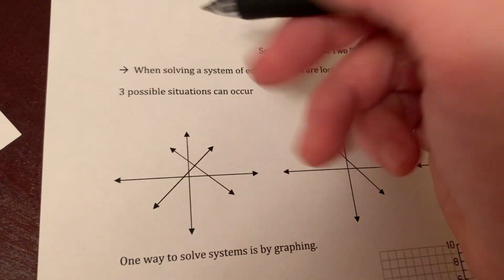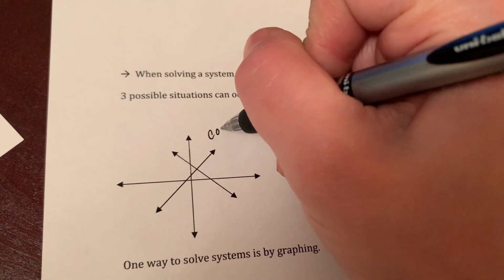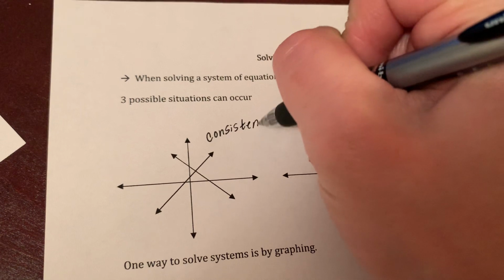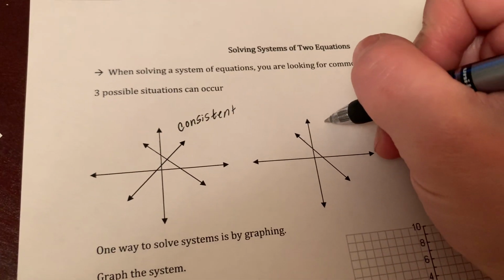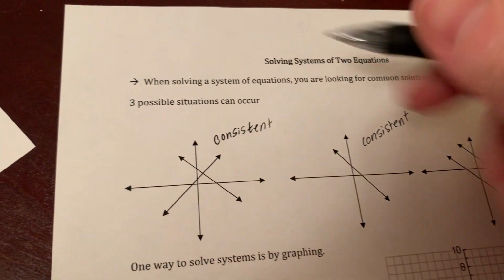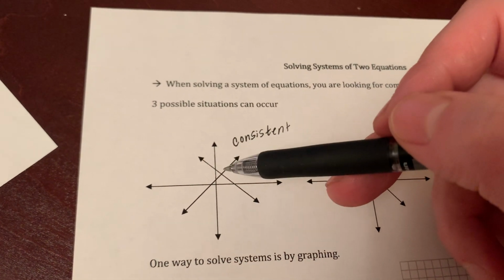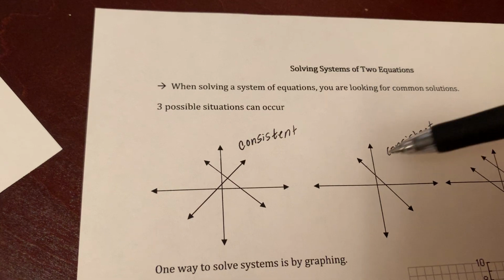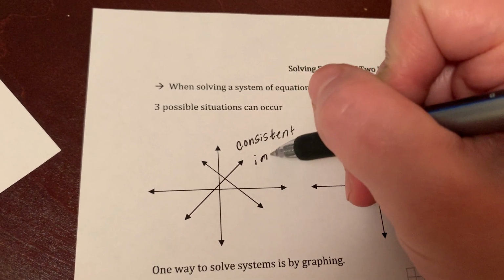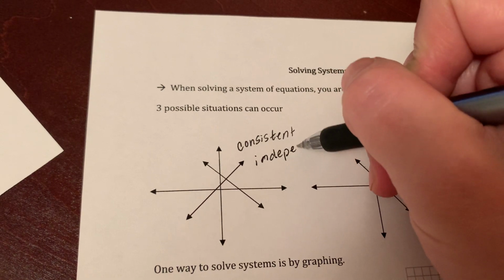So when they do intersect, we say they're consistent, meaning they do have an answer. If they come together and they have an answer, they might have one or multiple answers. And if they have just one answer, it's classified as independent.